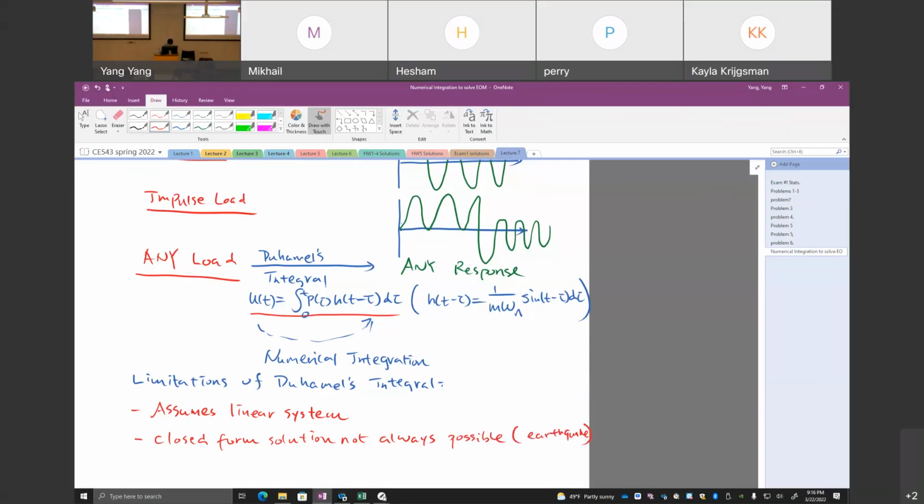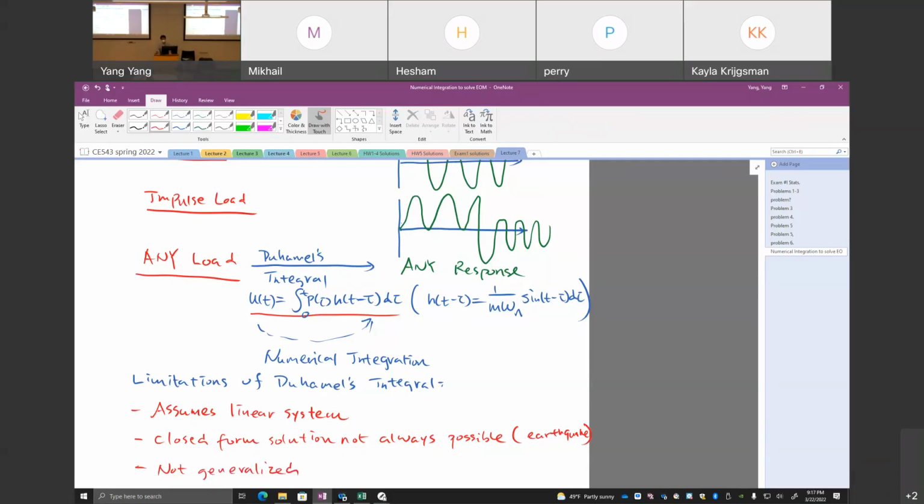It's also not generalized, because for each dynamic load you have to use an integral. If each dynamic load is different, you have to use multiple integrals.